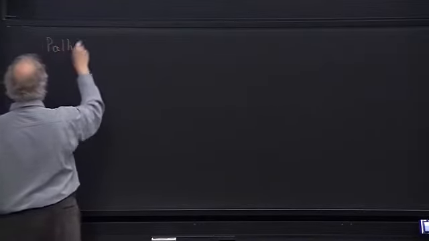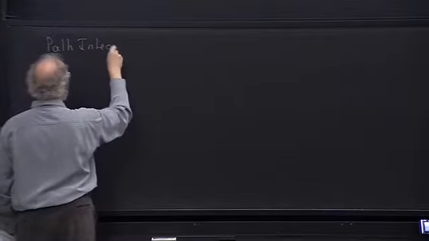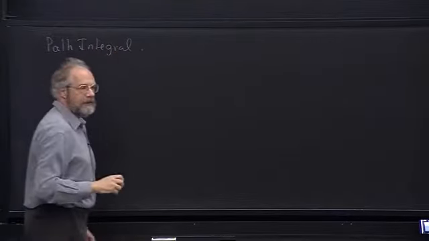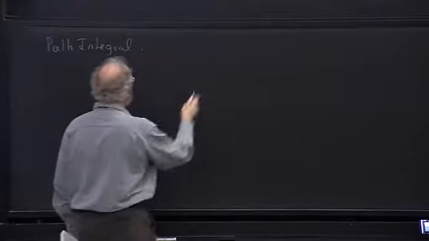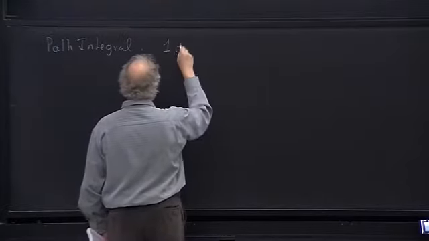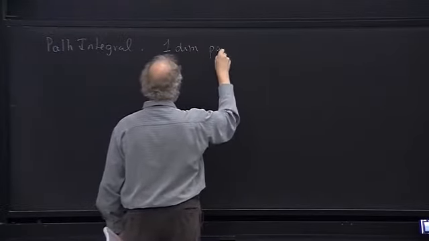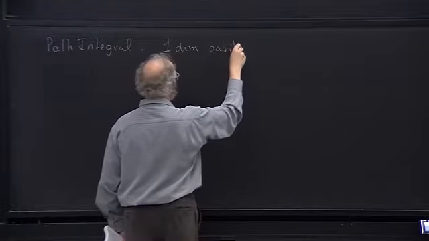Okay. So I'm going to start with the classical system. So I'm going to treat path integral for a very simple system, which is the archetype of the system. I'm going to consider a one-dimensional particle.